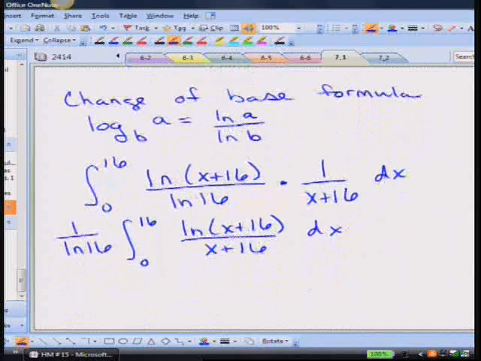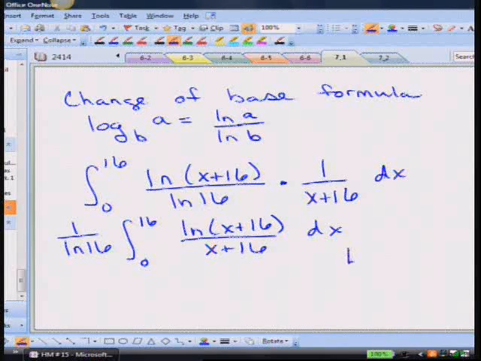All right, and this is a really fun one. Last time I sort of told you that the u should not be very complicated, but in this one your u should be a little bit complicated. What you want the u to be is the ln of x plus 16.